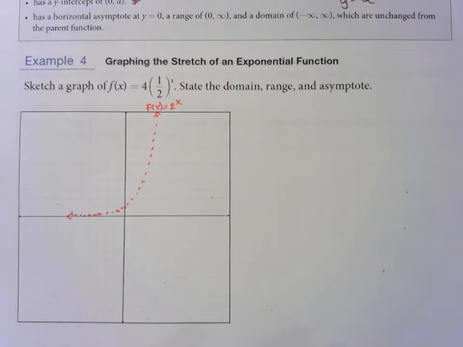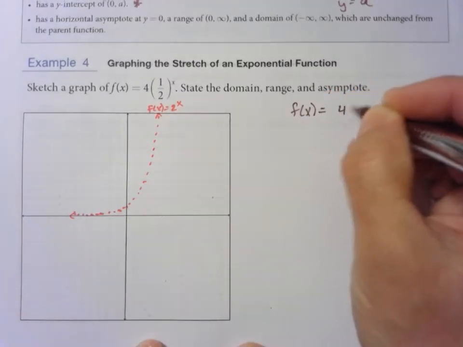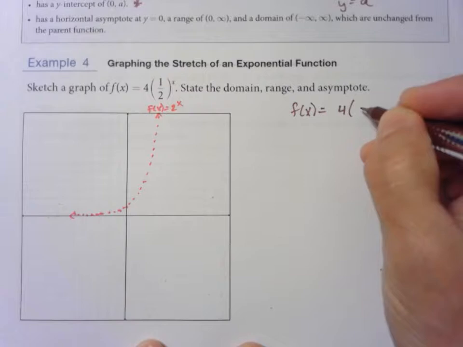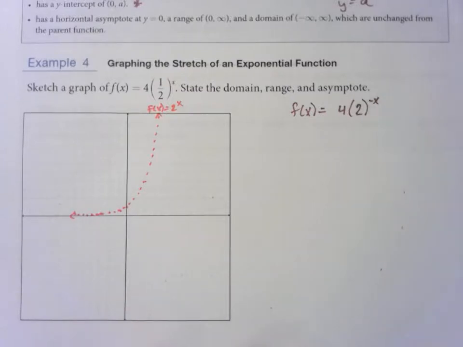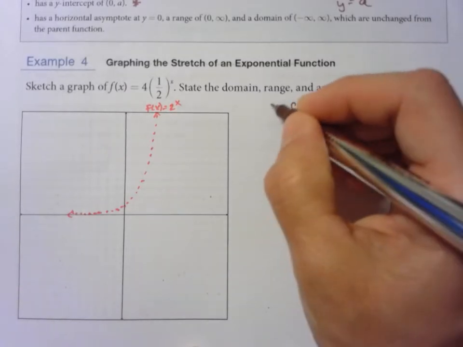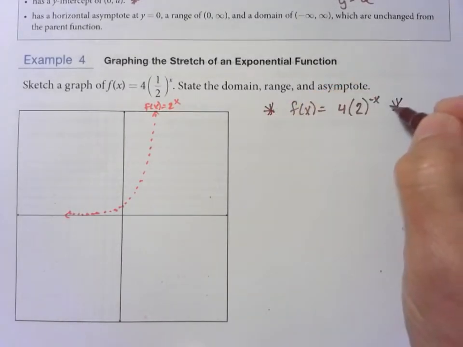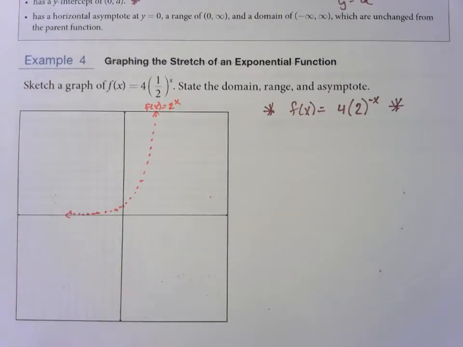Do you remember? f of x is equal to 4 times 1/2 to the x. 1/2 is the same thing as 2 to the negative x. Oh my goodness, I should not have thrown that at you yet. We're going to be talking about this on the next page, but this is a good thing to leave here because you'll see how it all fits together.